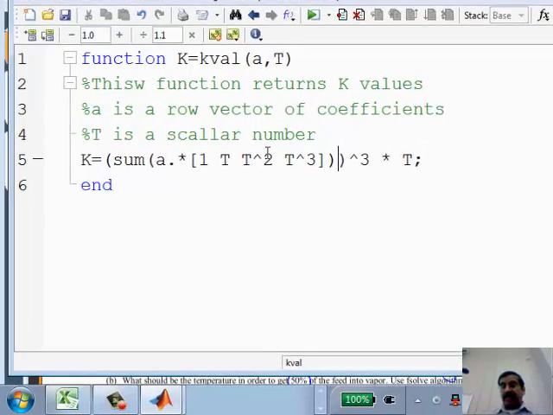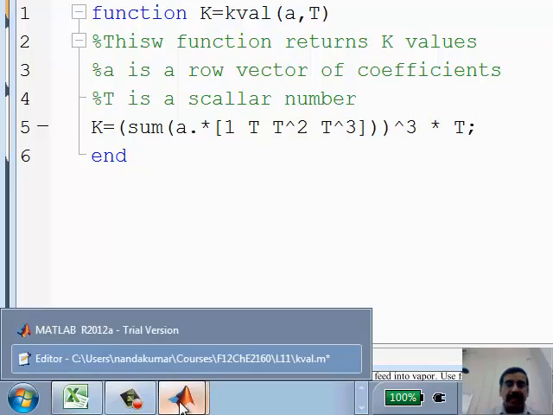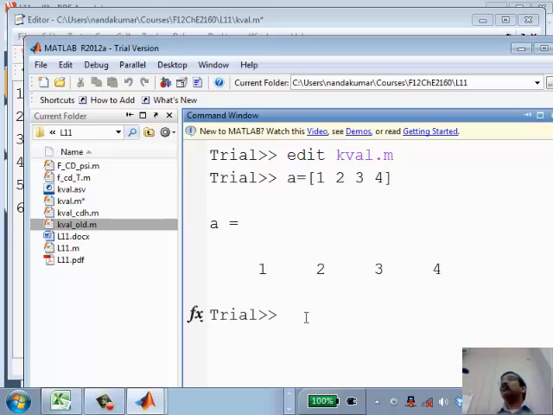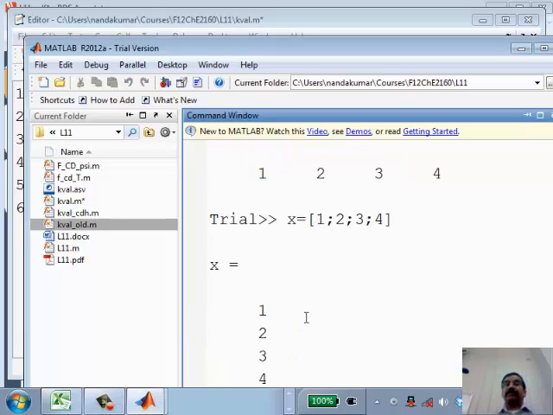If you don't understand that clearly, you need to go into MATLAB and play around with it. For example, A is equal to 1, 2, 3, 4. It's a row vector. And X is equal to 1, 2, 3, 4. This is a column vector, right?